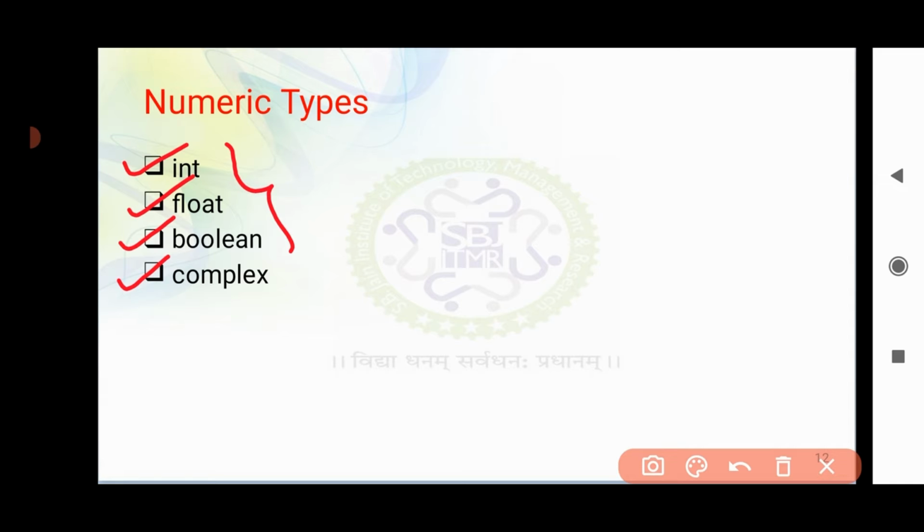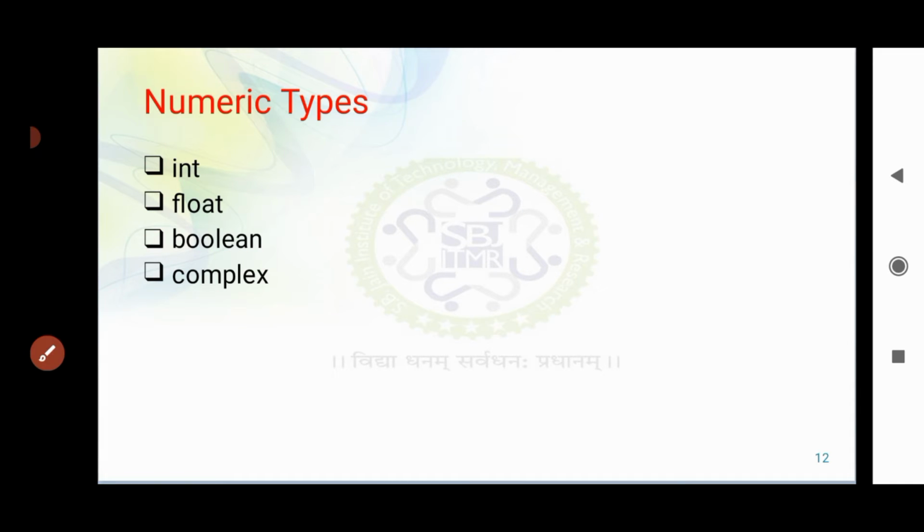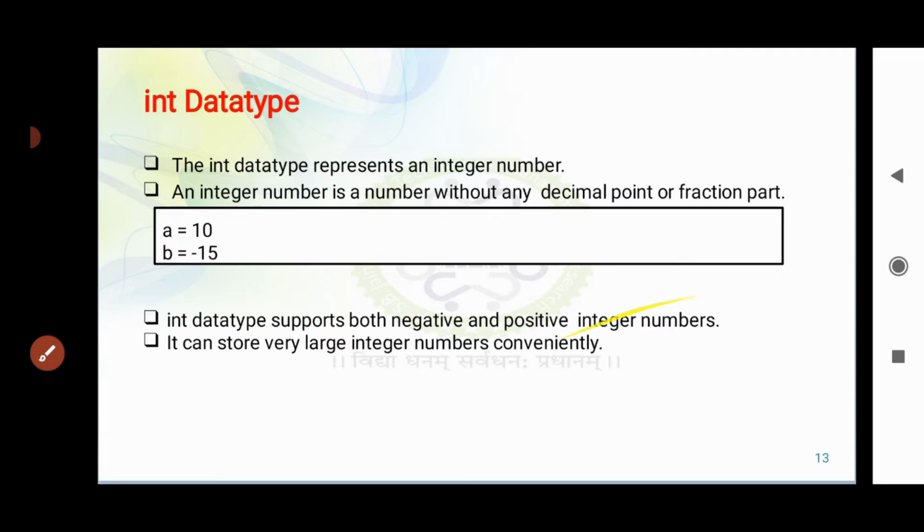The only thing new is complex. Now that's what we have to see here in this presentation: what exactly complex data type means, and how we have to use it in actual programming. Okay, so let us move ahead one by one with numeric data types in Python.